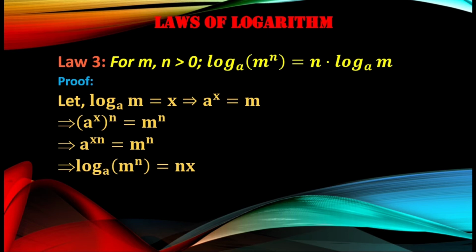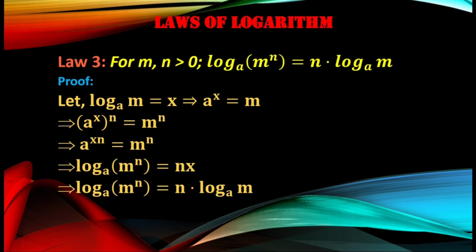You can just convert the equation log of m to the power n to the base a equals nx into exponential form, and you will see that a to the power nx equals m to the power n. So a to the power xn equals m to the power n implies that log of m to the power n to the base of a equals xn.